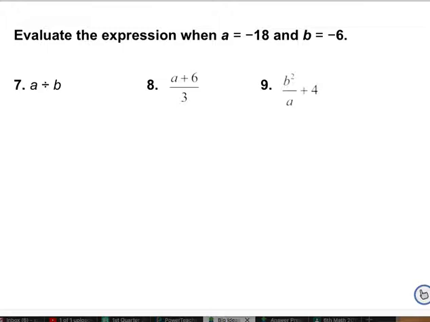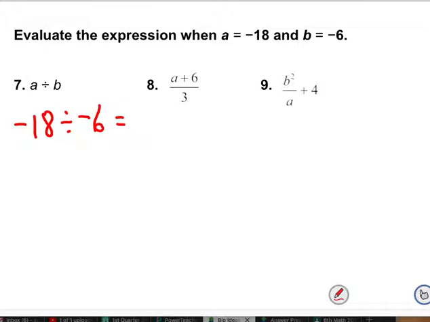Okay, what is my division statement? What should my division statement be? Gabriel. -18 divided by -6. Okay, -18 divided by -6, and when I do the math, it has to be a positive because they're both negative.